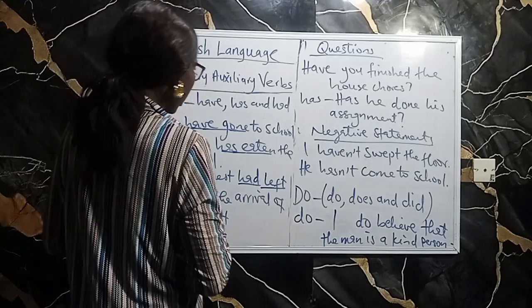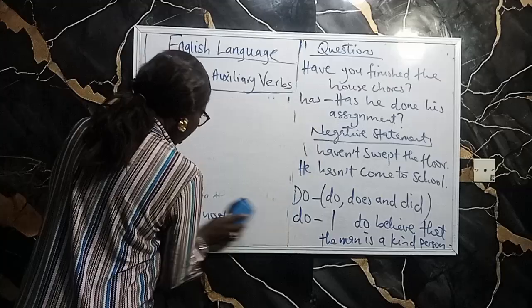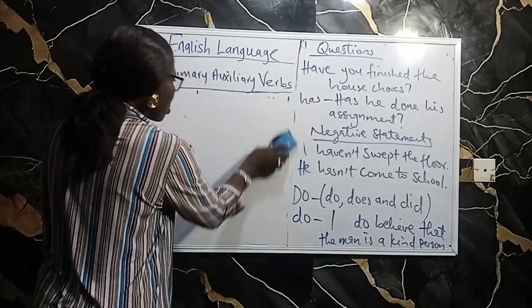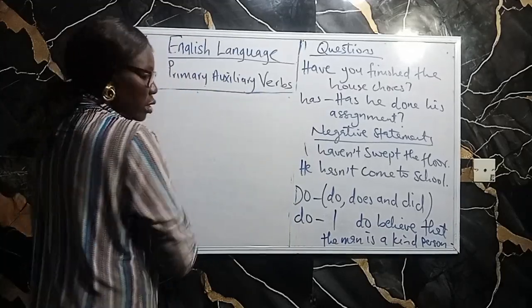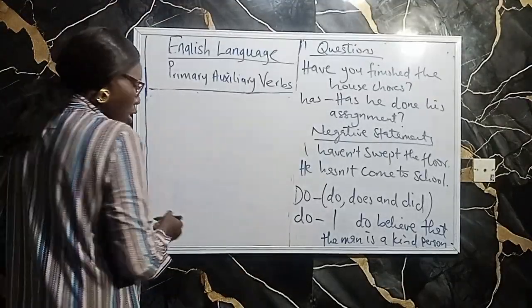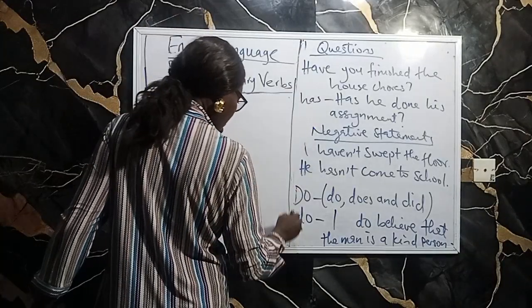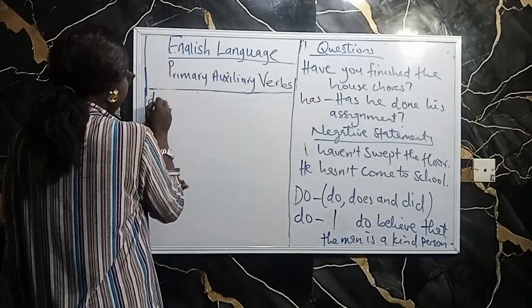Let me use others too. That is does and did. Remember, do is used for plural subject, while does is used for singular subject, and did is the past tense of both. Okay, does this time around.